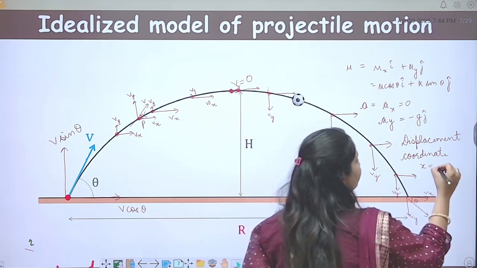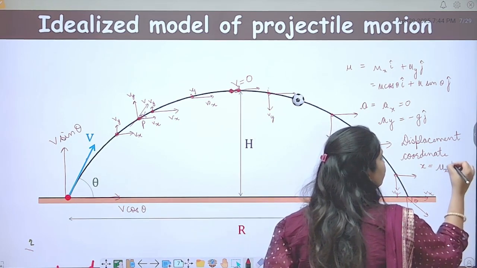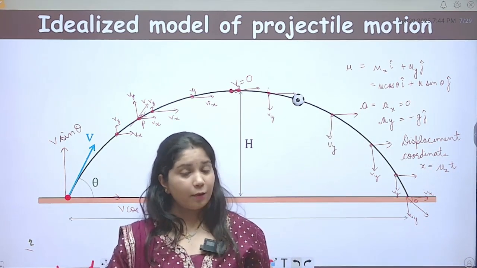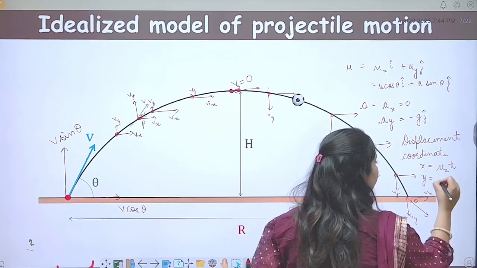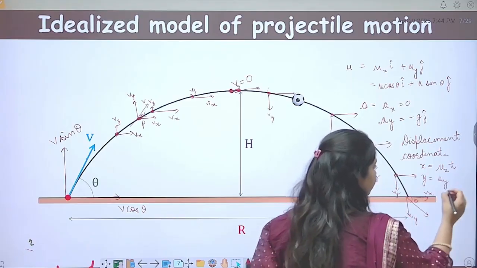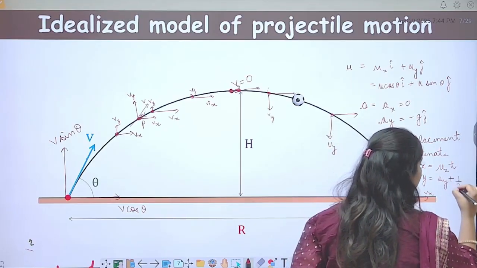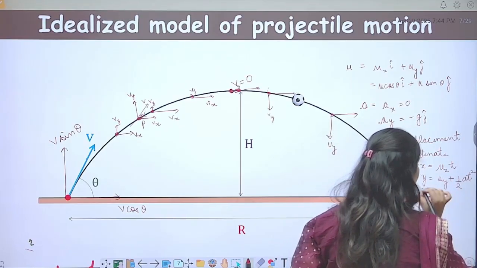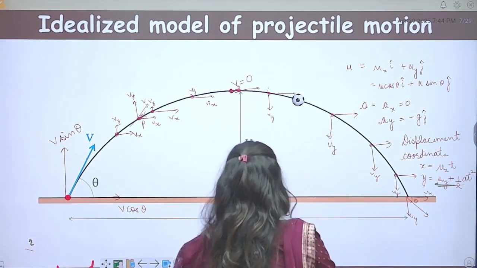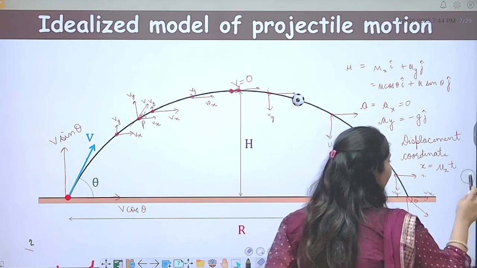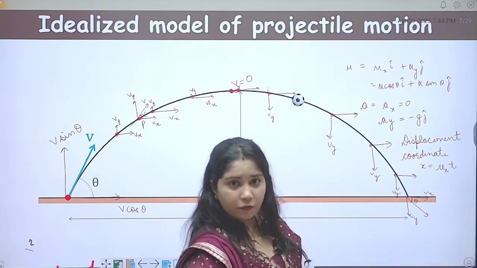This is equal to ux into t. Same for uy. You know the displacement equation, s equals ut plus half at square.